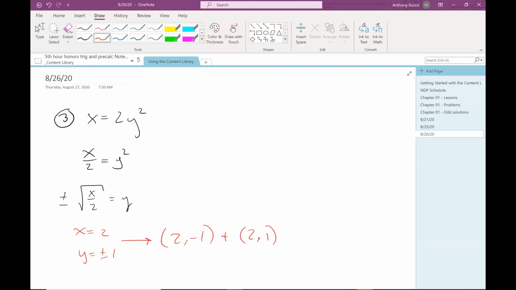Is that okay with how I've gotten there? So would this be a function? No, right? Because we have an x coordinate that has more than one y coordinate. Does that feel okay there?